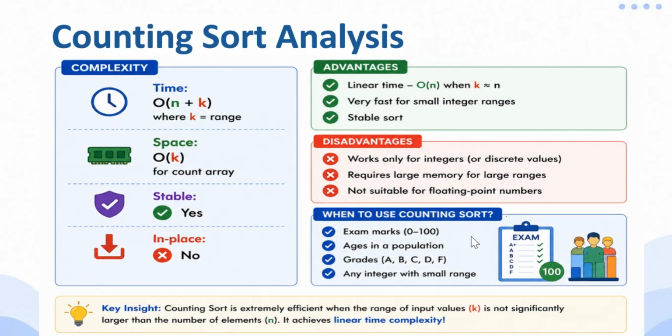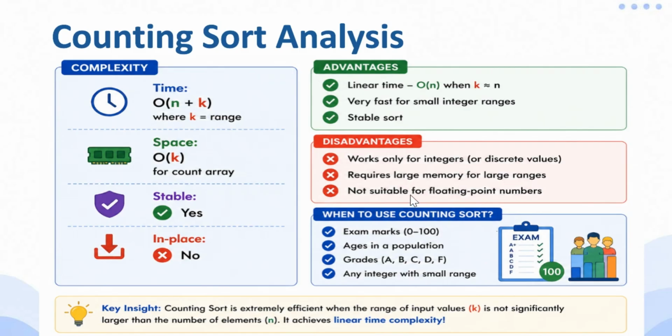For example, if you are sorting from 1 to 1 million, you need a count array of size 1 million, even if you only have 100 elements to sort, right? And it's not suitable for floating point numbers. You would need to scale and shift floating point numbers into integers, which adds complexity and may lose precision.